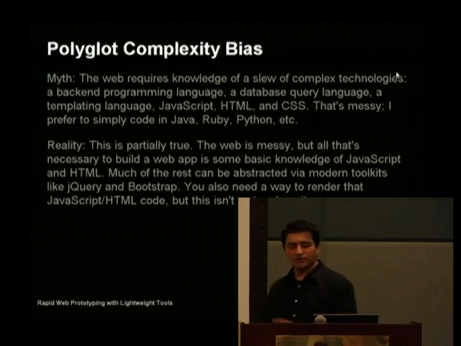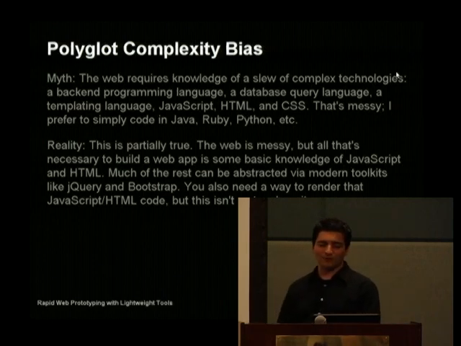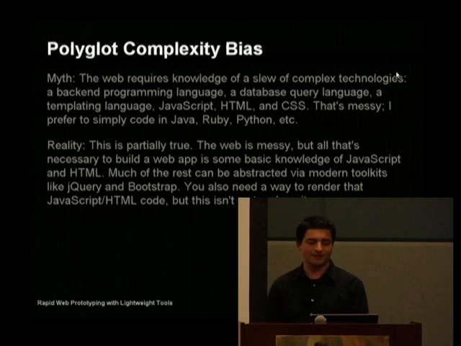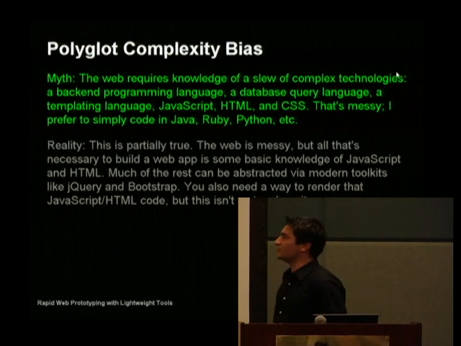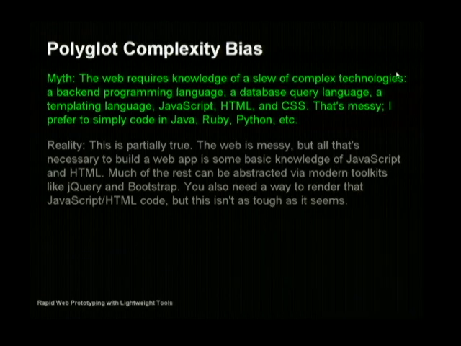And then probably the most legit reason that people hate web prototyping is polyglot complexity. What I mean by that is that you just have to know a lot of programming languages to get things done on the web. There's JavaScript, HTML, CSS. Then there's your web app programming environment. And you have to put those all together and use things like template languages.